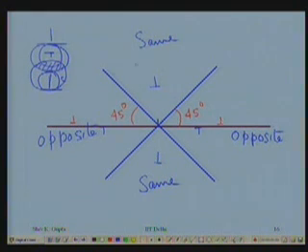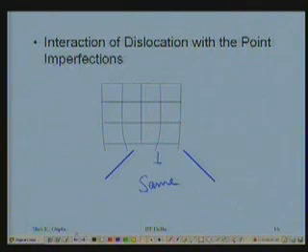In this region, same sign dislocations attract. In this region, same sign dislocations attract. While in this region, only opposite kinds of dislocations attract each other. Right? So that's the interaction of dislocations with dislocations, whether it is edge, screw or anything, as long as the sign we are talking about is same or opposite.